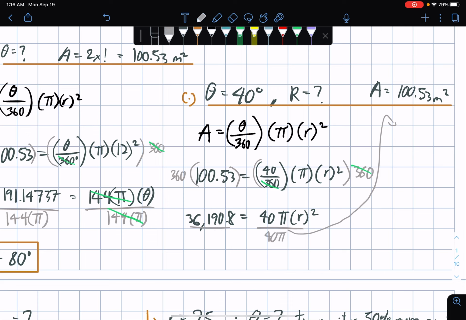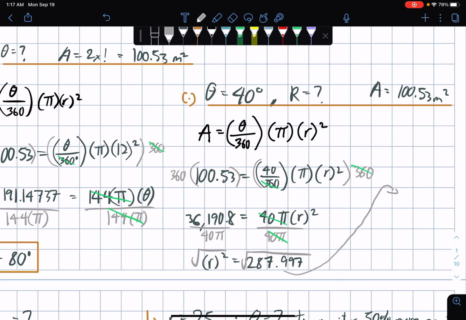So 40 degrees cancel, and we have r raised to 2 is equal to 287.997. So we put a square root sign on both sides, and we get an answer of 16.97 meters. This is the final answer.